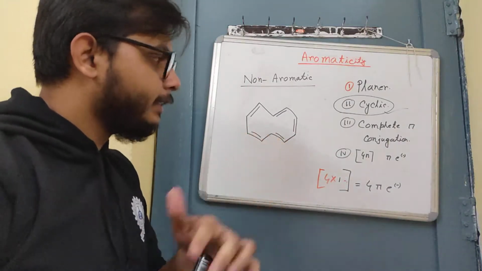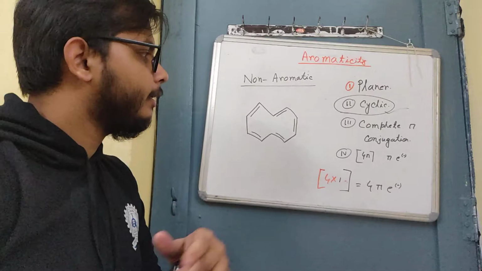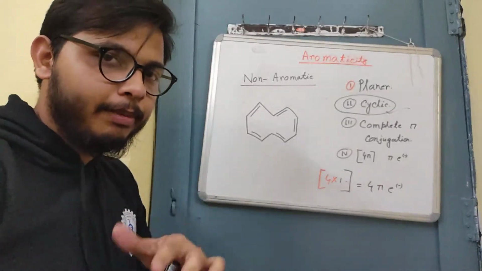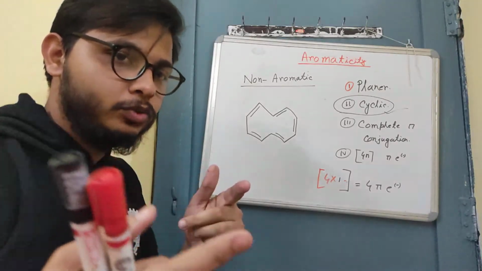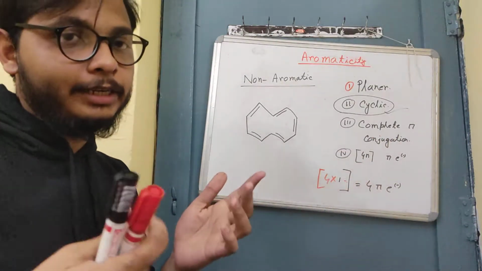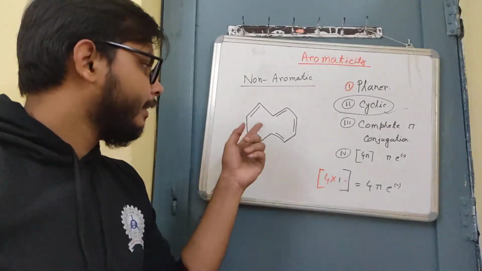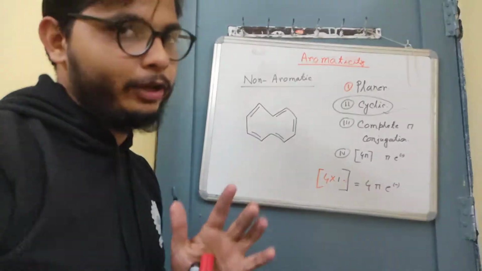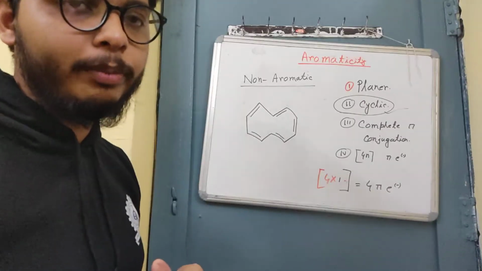Why? Because this is planar, this is cyclic, there are 1, 2, 3, 4, 5 pi bonds, that means 10 pi electrons, that means 4n plus 2, where n equals 2, that means it should be aromatic. But this is not an aromatic compound. This is a non-aromatic compound.